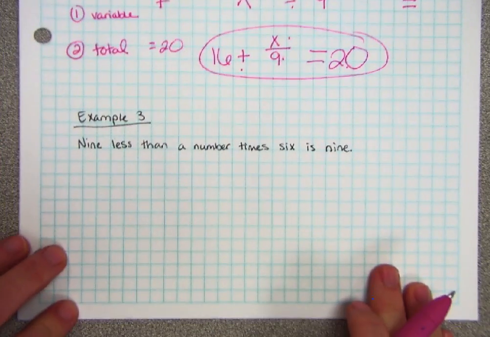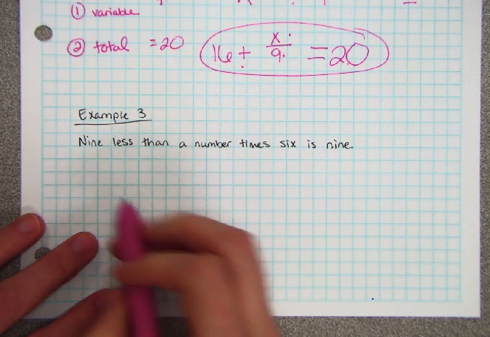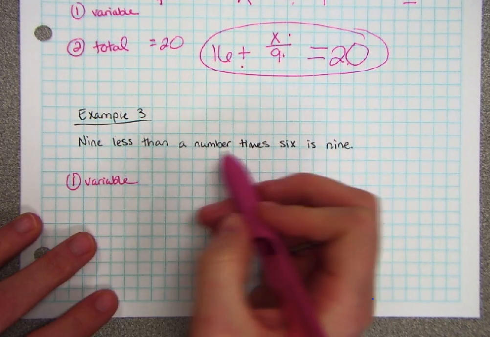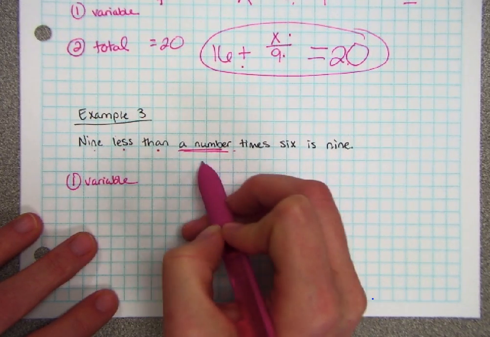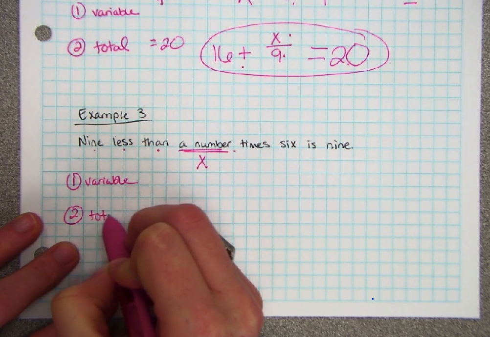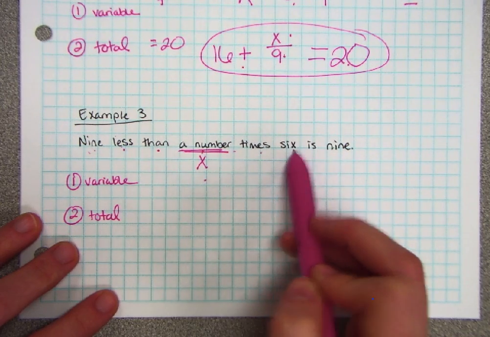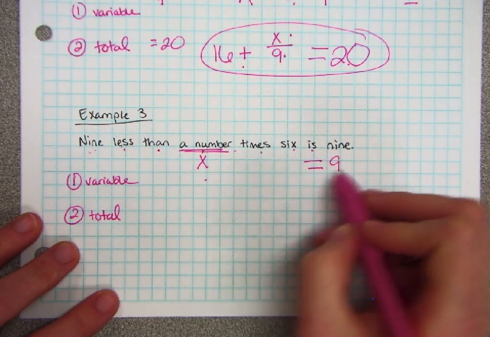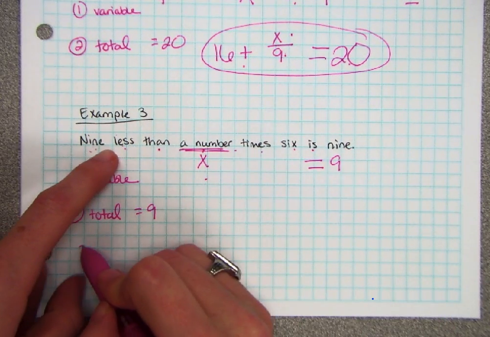Okay? Third example. 9 less than a number times 6 is 9. First thing is our variable. 9 less than a number. I don't know the number. That's my x. Second thing is the total. Okay? 9 less than a number x times 6 is, that's my equal sign, 9. Okay? It equals 9. All right? Great. Now let's write it. That's the third step.